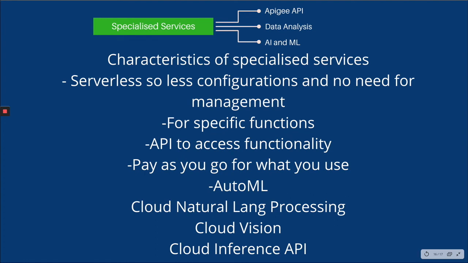Pluses to using specialized services are having access to machine learning concepts such as AutoML, Cloud Natural Language Processing, Cloud Vision, and an extra bonus that we will discuss in the future is Cloud Inference APIs.